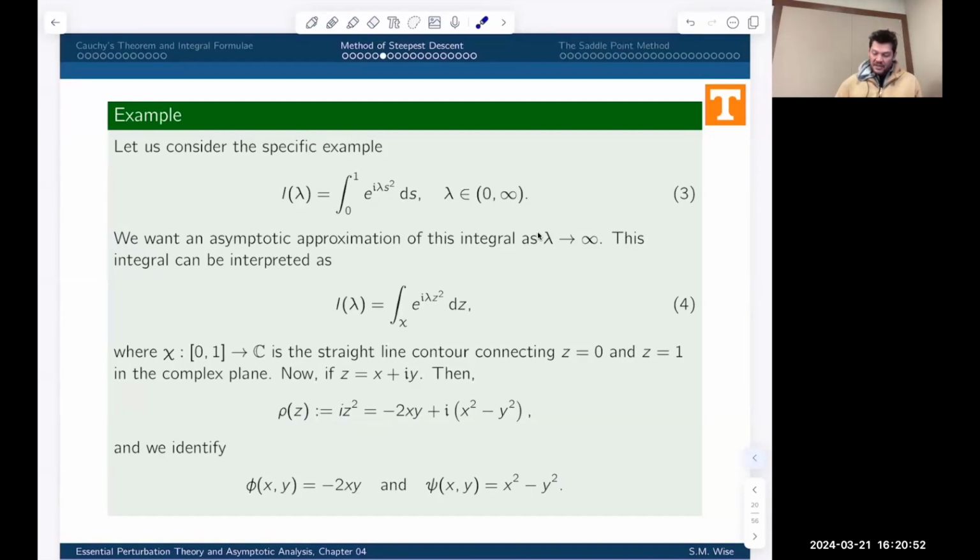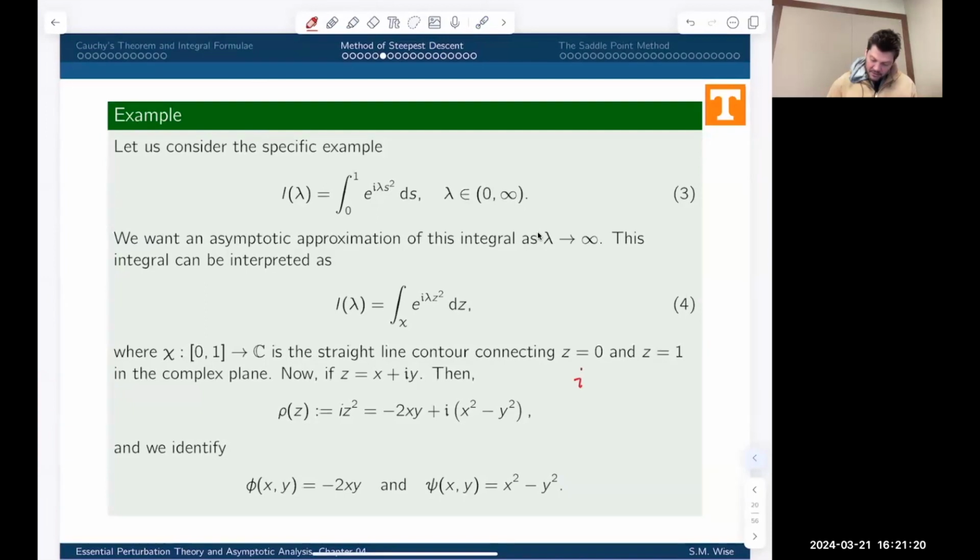All right, if I write z as x plus i y, which is the standard way we do this, then rho of z being i of z squared is just equal to minus 2xy plus i times x squared minus y squared. To see that, it's not too hard, I think, but we can go through that.